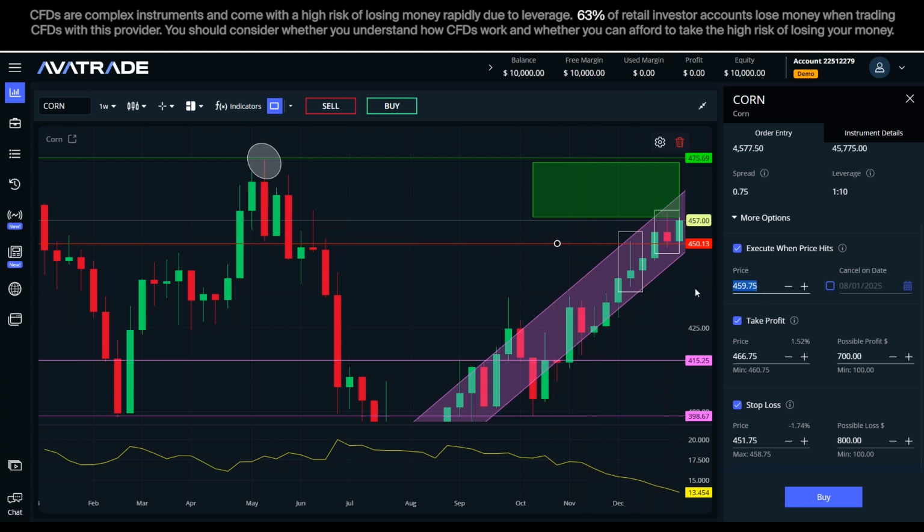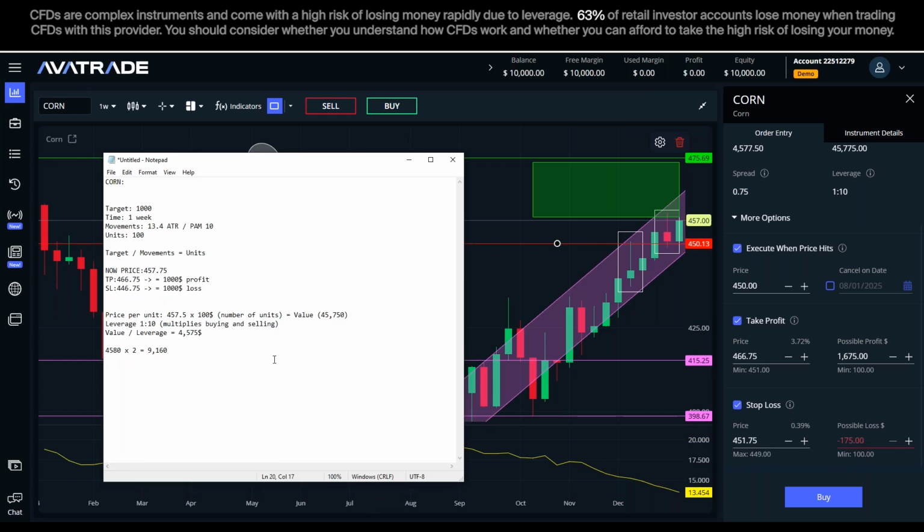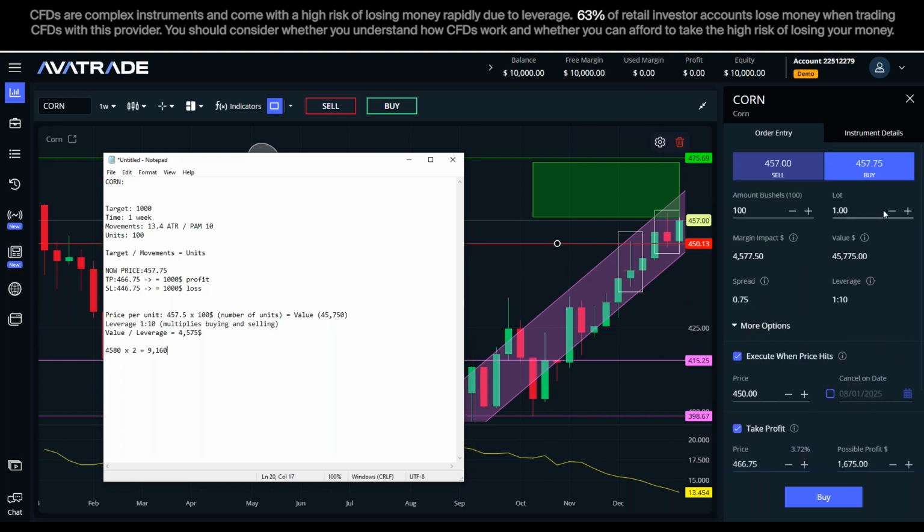I can target 450 and say I would like to take a buy, but not now, I want to take it from 450. And I can adjust the rest of the numbers the same way that we've designed the position until now, applying the ATR, marking the take profit and stop loss based on that. I can also adjust the lot size. But you guys already have everything written down here, very, very simple.